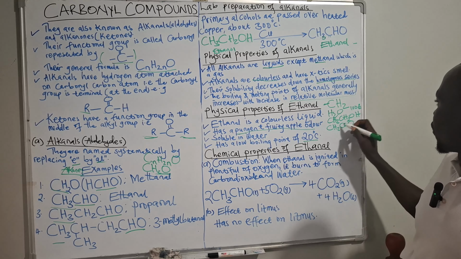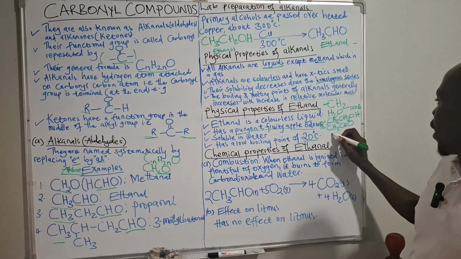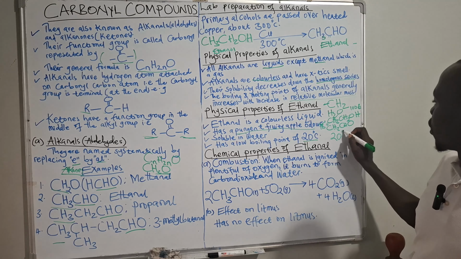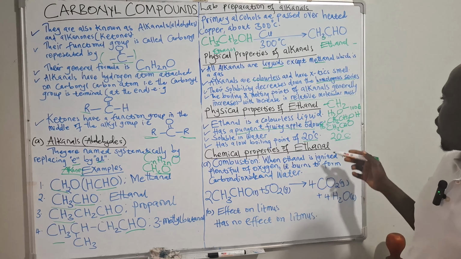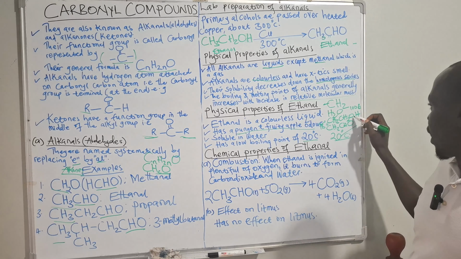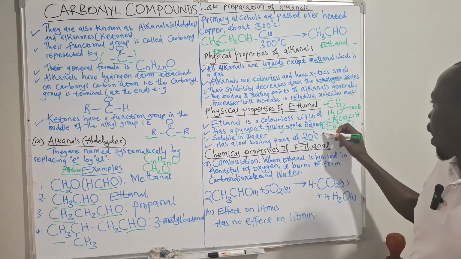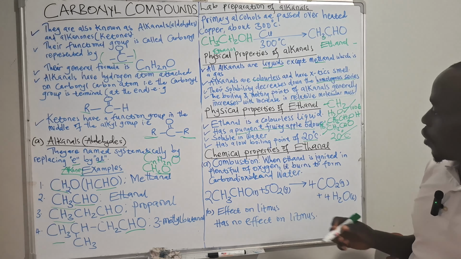The boiling point for ethanol is 78 degrees Celsius. So when you mix these compounds and start boiling them, you expect the one with the lowest boiling point to boil first, then followed by ethanol, which is alcohol, then water. So that's the knowledge you need.